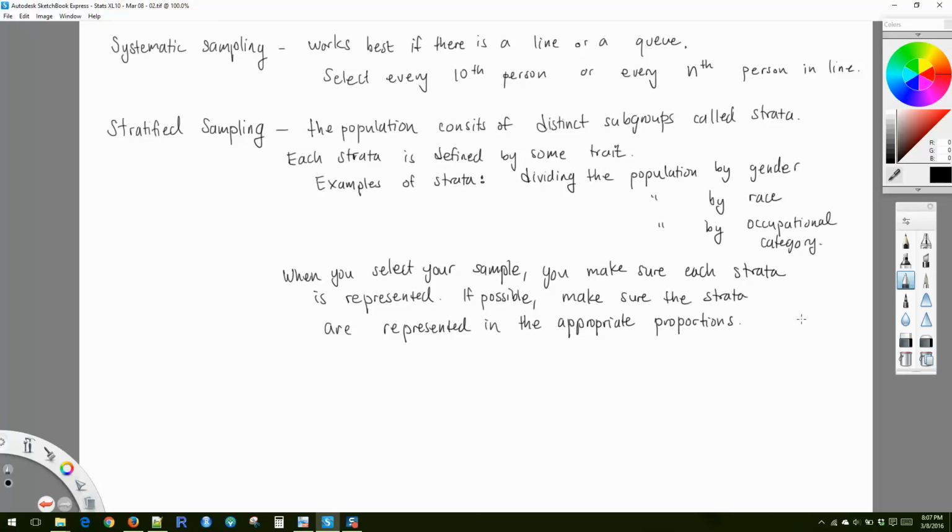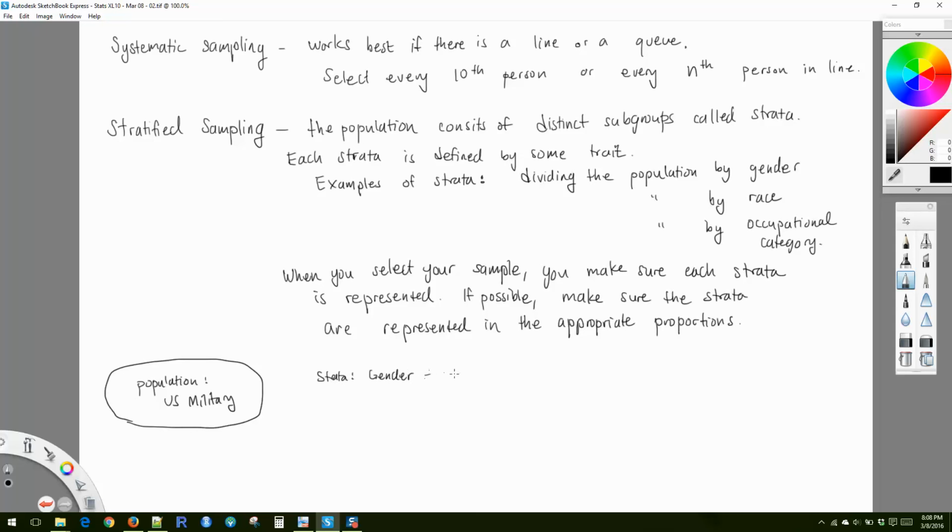Okay, so for example, let's say the population is the US military. There's lots of people in the military. And let's say you're going to select a sample. We're going to choose for our strata gender.